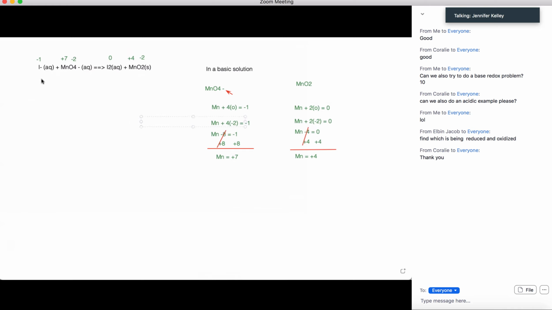Okay. So one of the half reactions is going to have the iodine and the other one is going to have the MnO whatever. So I minus makes I2. And I'm going to go back to here.